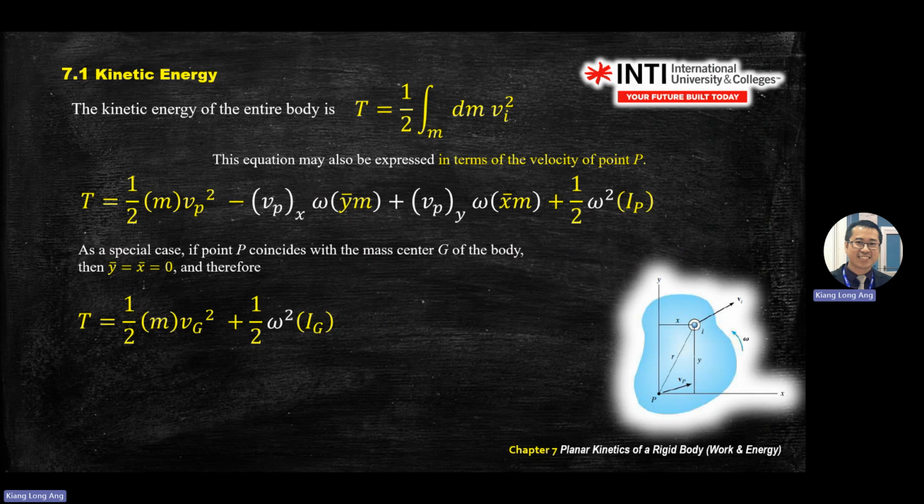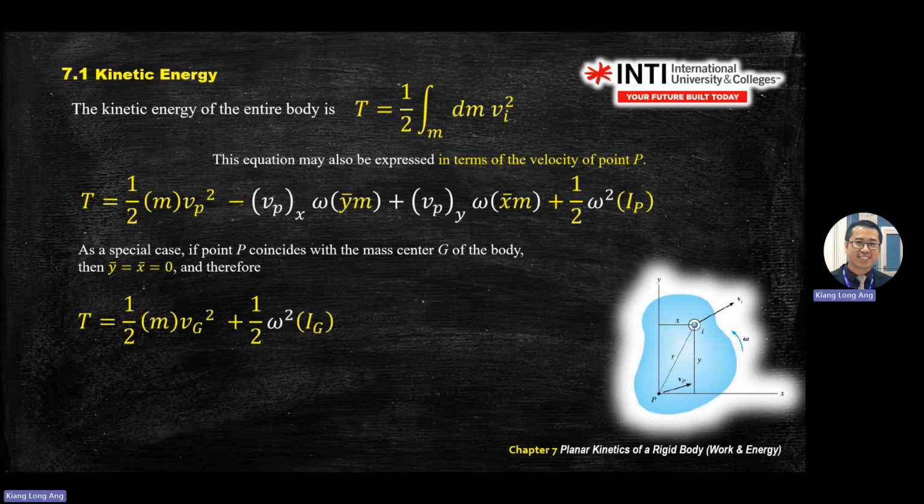So kinetic energy will have three components: mass component, center of gravity component, and inertial component. Because you're moving your interest point to G, this one becomes 0.